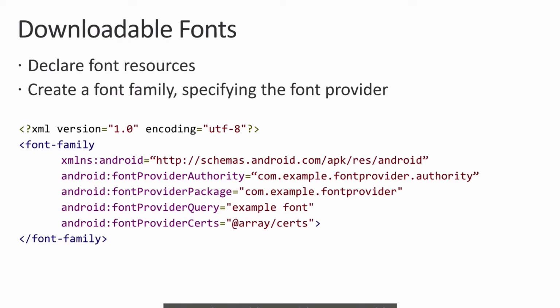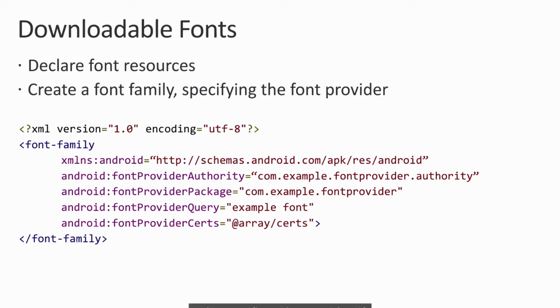So Google provides us with a font provider with Google Play services. In order to use that, you would have a different set of metadata than, say, a font provider from, maybe, Adobe. Regardless, all of the font providers have to have these four pieces of information that we're seeing here. So we would still create a font family, but now we identify the metadata.